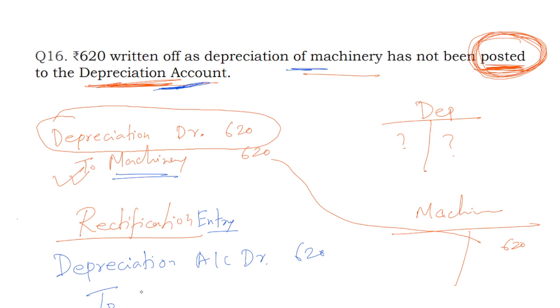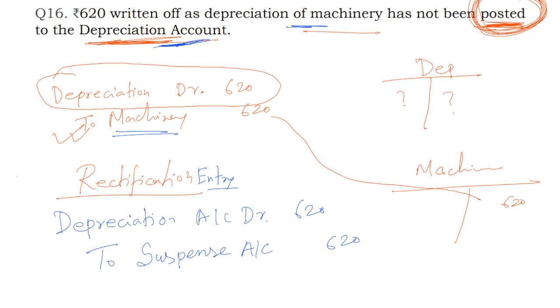So what we'll do, we will write suspense account. Whenever there is no other account left to debit or credit, at that time we will write suspense account. So we will pass the narration like this: depreciation written off, not posted to the depreciation account, now rectified.